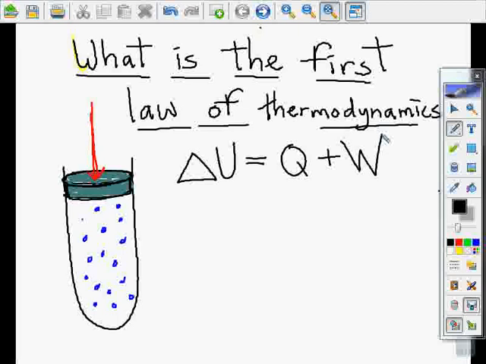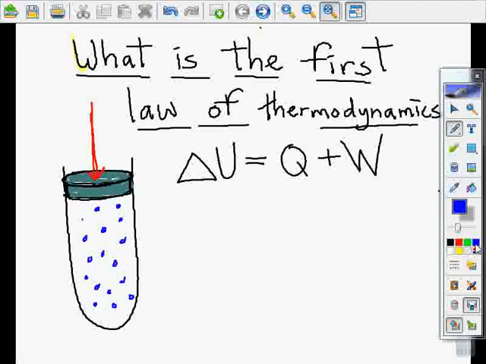That formula is known as the first law of thermodynamics. And basically, folks, it's a version of the work energy theorem, you know. It's a pretty simple formula.